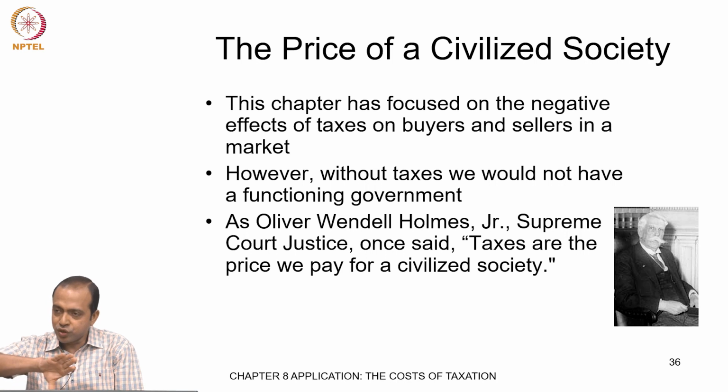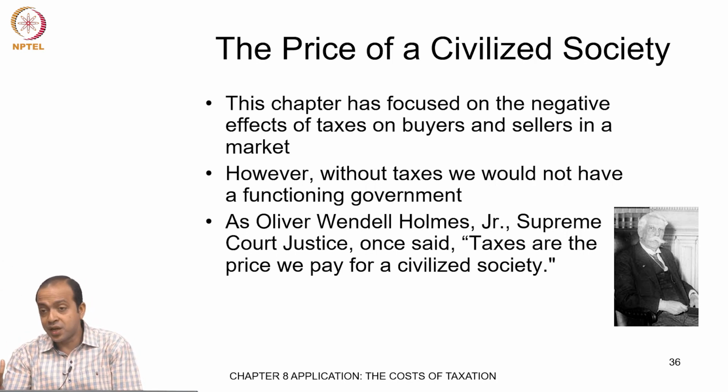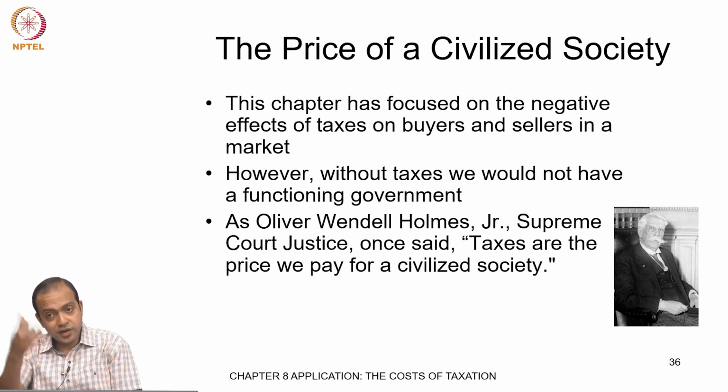So, laborers will reallocate their time towards more leisure, labor supply will fall, and some of the laborers may even exit the labor market. Then what will happen? There will be a fall in labor supply, that means there will be a reduction in producer surplus, and the government would not be able to catch that part of the fall in producer surplus.